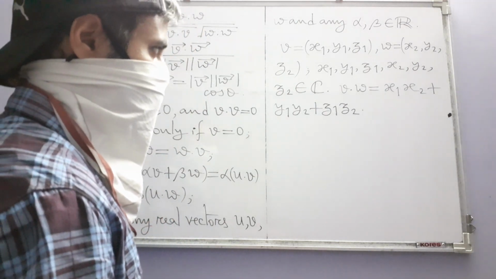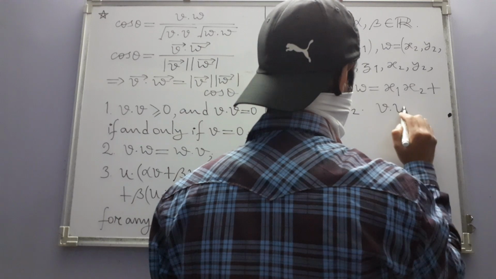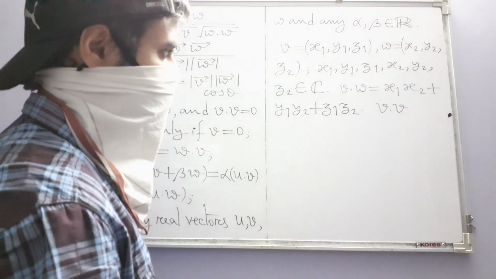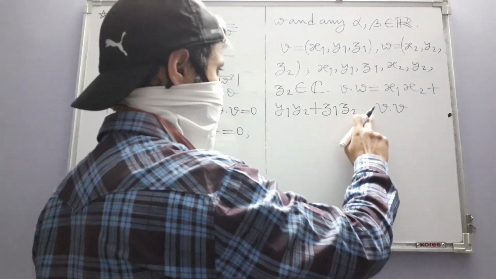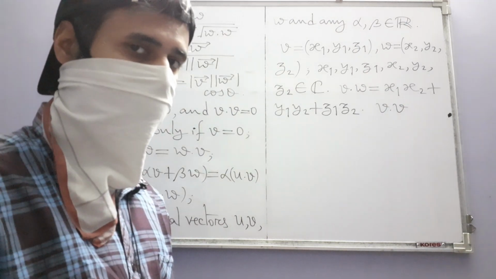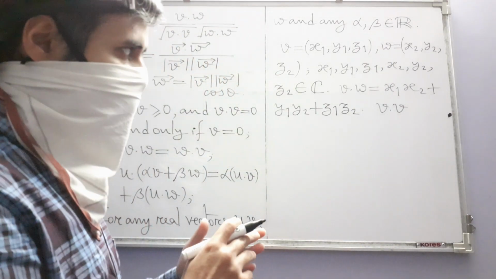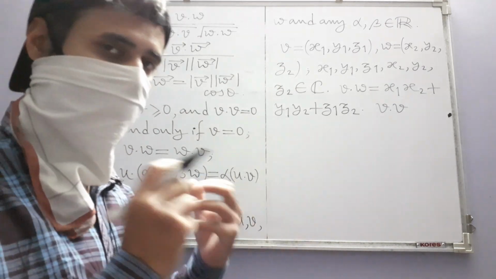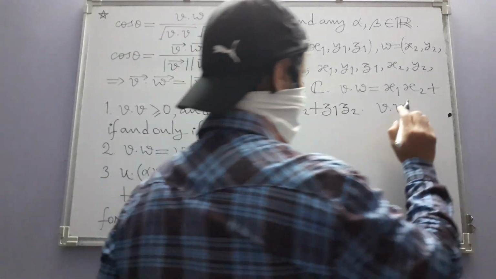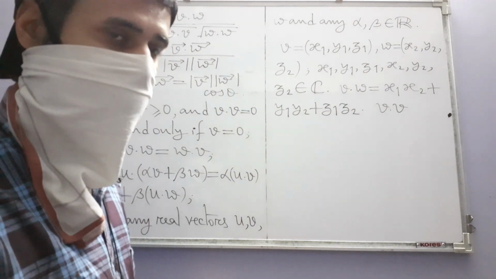Okay, so now you recall that in the real case our v dot v was used to define the length of v. In fact, the length of v, it turns out, is equal to the square root of this. But to make things meaningful, geometrically meaningful, here also we would want the length to be something that is like an actual length, that is a non-negative real number. But the problem is that if this is our definition, then that may not be the case.